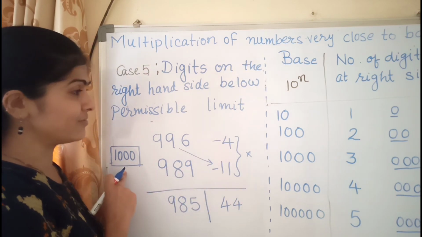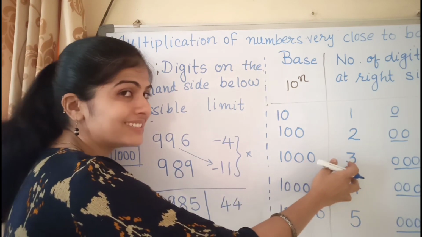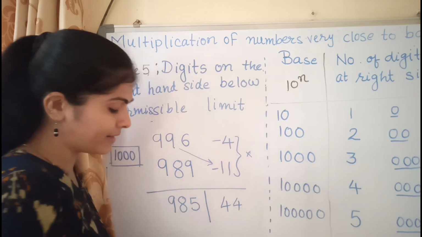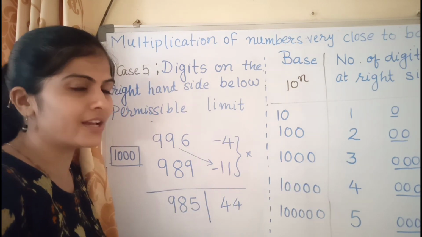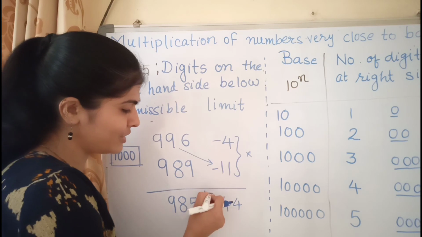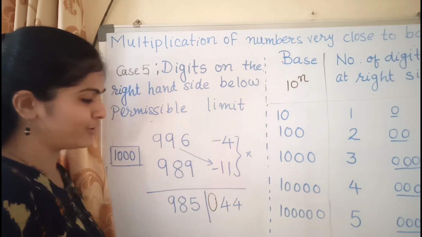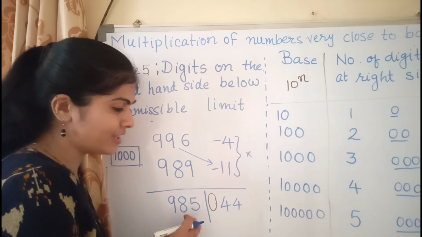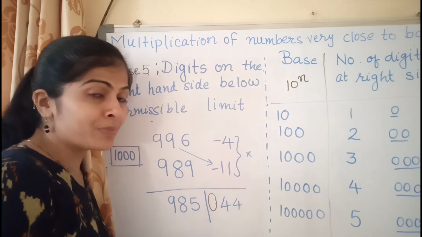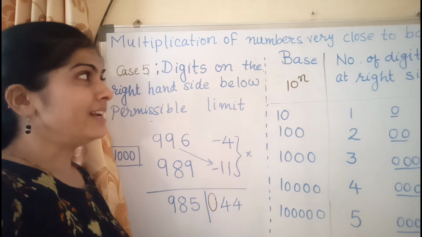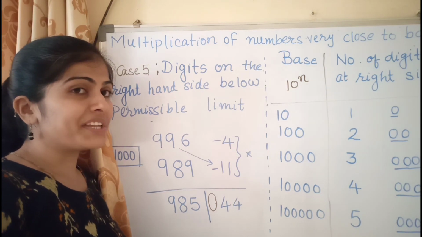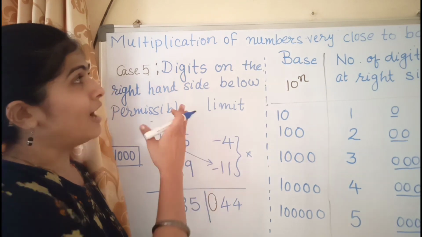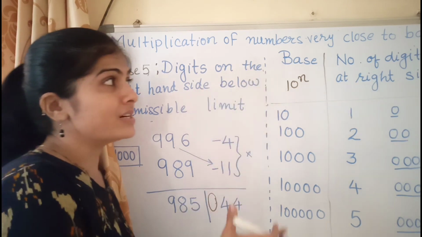But base is 1000, so there should be 3 digits instead of 2, and unfortunately we are having 2 digits. But don't worry, as I explained you can simply add a 0 and you can get your answer. So our answer is 985,044.